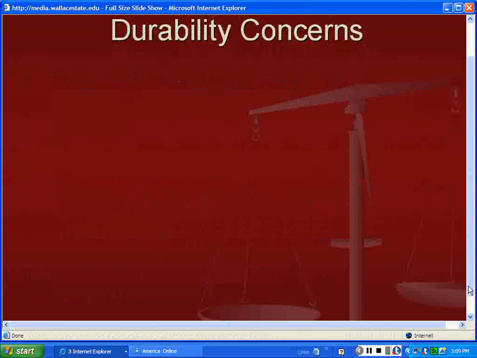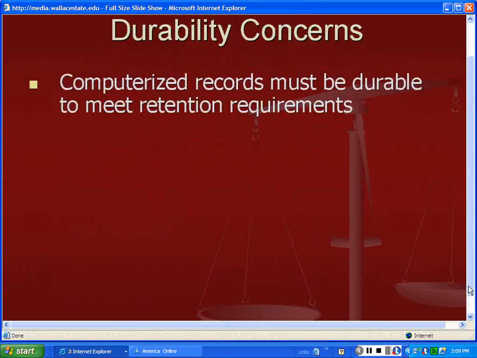And another thing that you have to think about are durability concerns. Normally when we talk about paper, we talk about durability. Different grades of paper last a certain number of years. And so if you needed a record to last 100 years, you'd pay high dollar for a high grade of paper. But we have to worry about that also with computerized records.